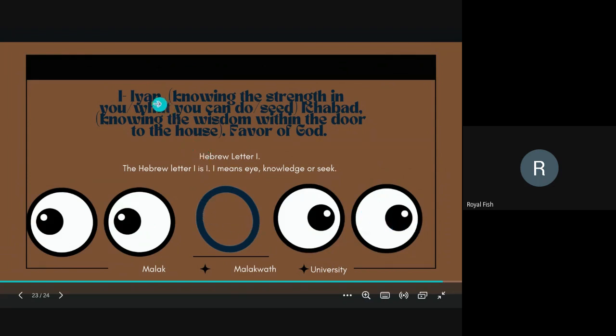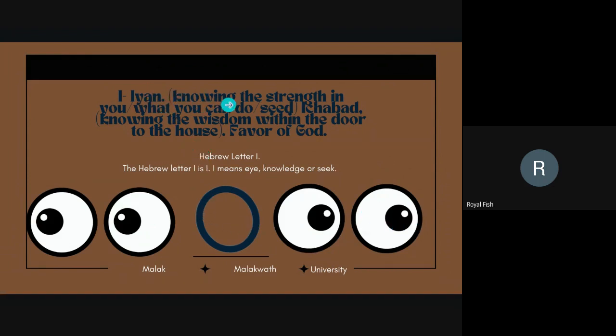So ayin, which is how you say I, is knowing the strength in you, what you can do, or what the seed is in you. They have ikbad, which is knowing the wisdom within the door to the house, or to have the favor of God. Ikbad.